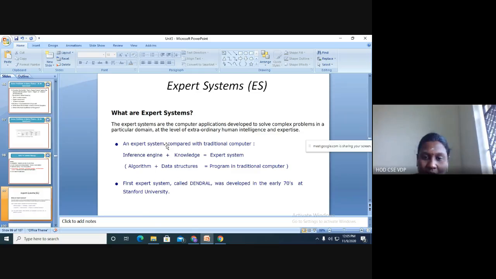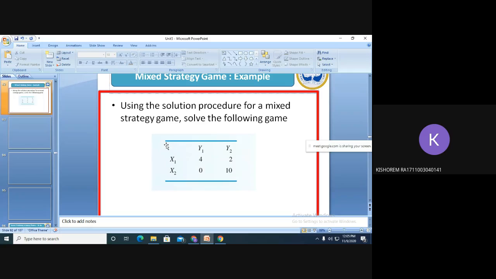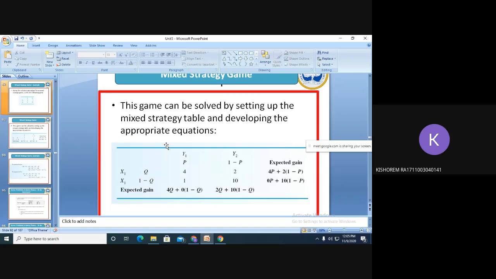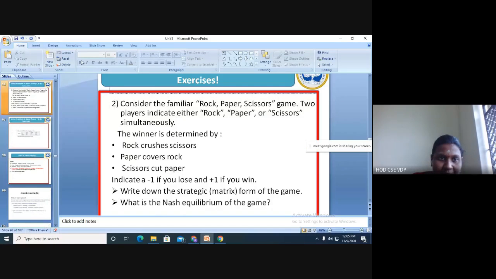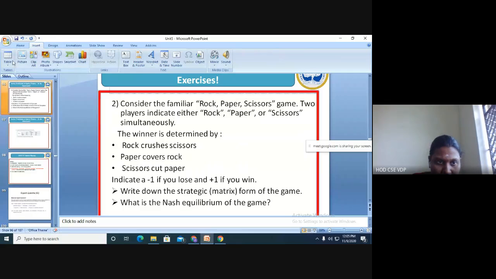Rock and paper means? Paper gets the points because paper covers the rock. So you can take this game up as an exercise. You just have to put a table.